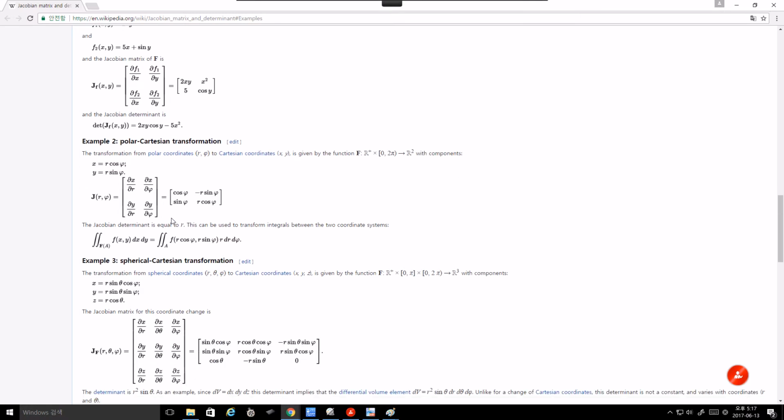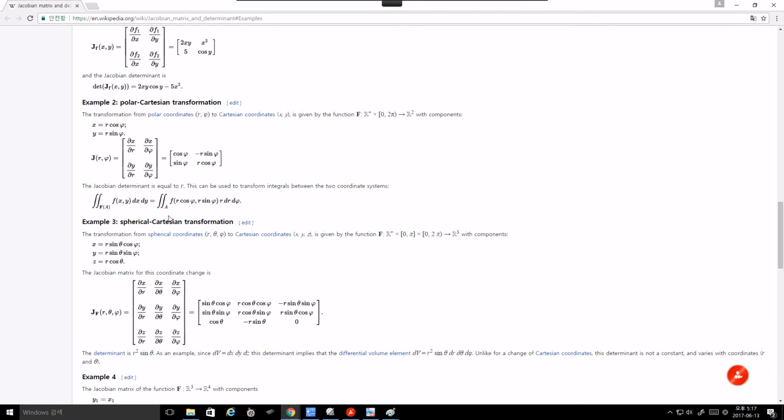Now, next one, polar to Cartesian transformation. The transformation from polar coordinate (r, phi) to Cartesian coordinate (x, y) is given by the function f.